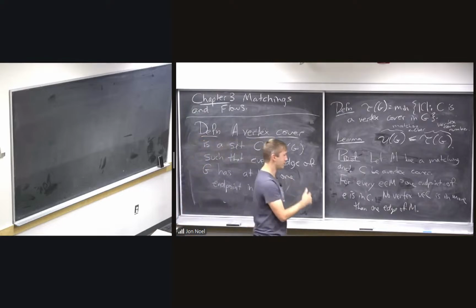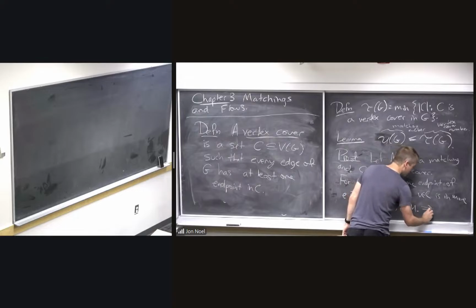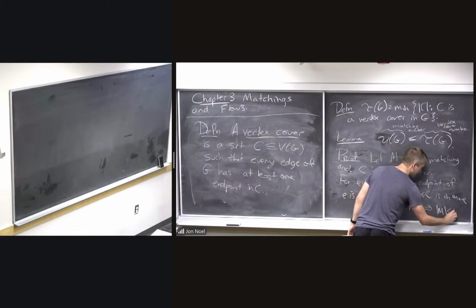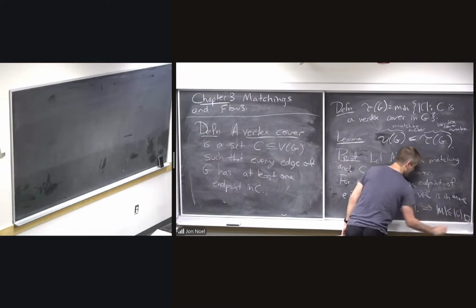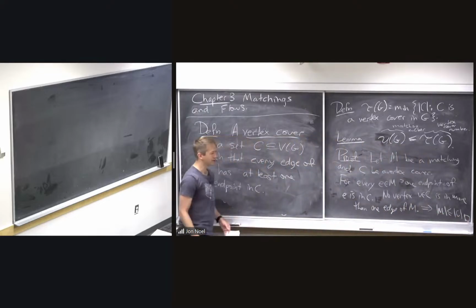Anyway, if you put these two things together, that does imply that M is at most C. You could go through each edge of the matching and count how many of its endpoints are in C. That will count every vertex of C at most once, and it gives you this inequality.